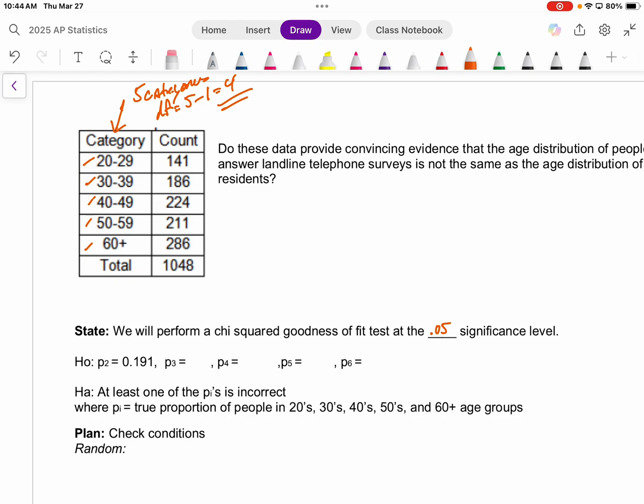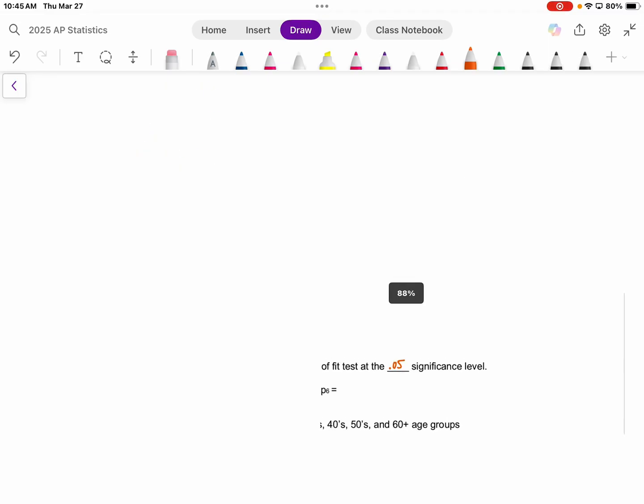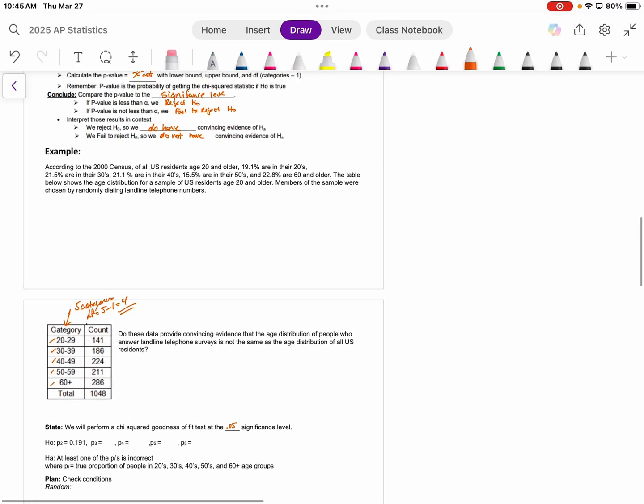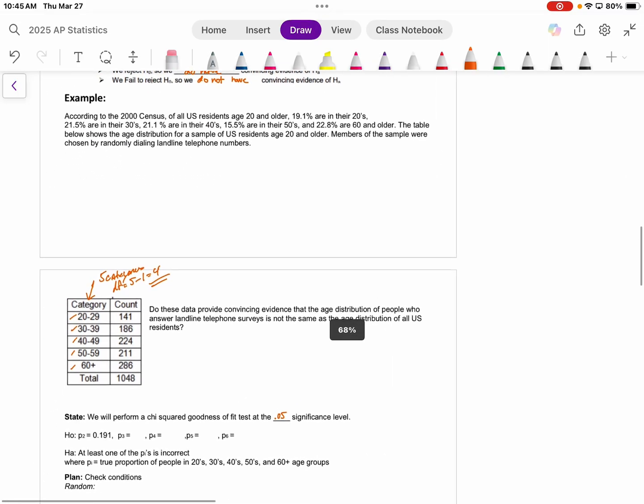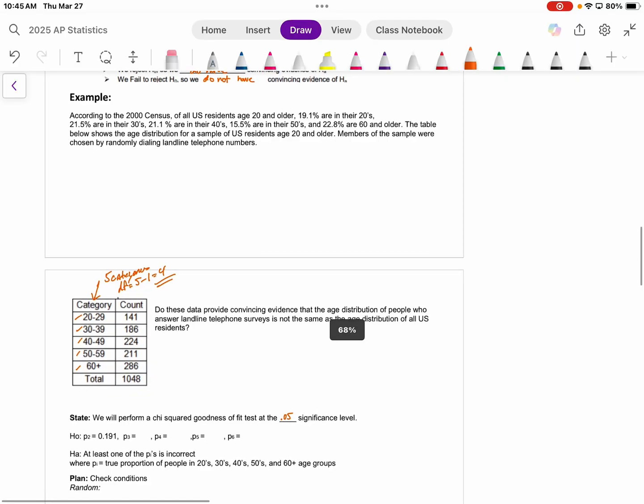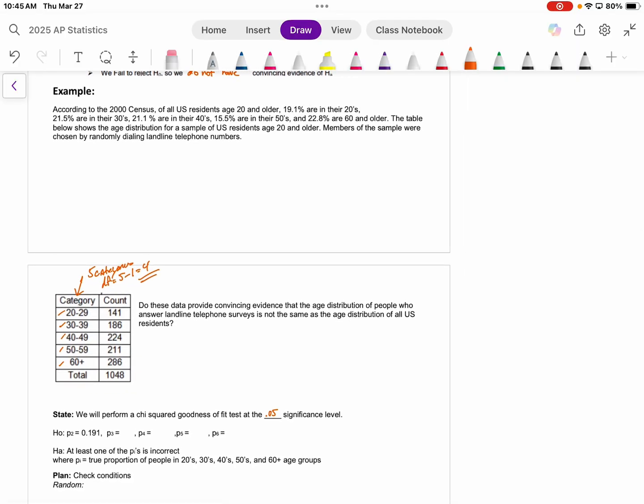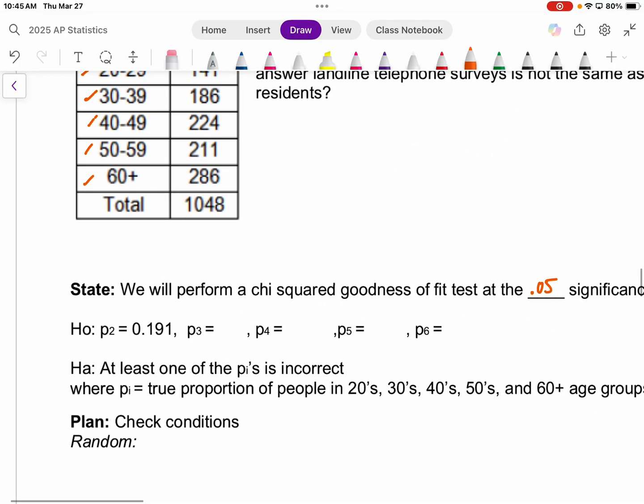Going back to our data, they said 19.1% of them were in their 20s. I'm going to zoom in, I've got it written on a piece of paper. 0.215 was the next one. Then it was 0.211, 21.1% in their 40s.